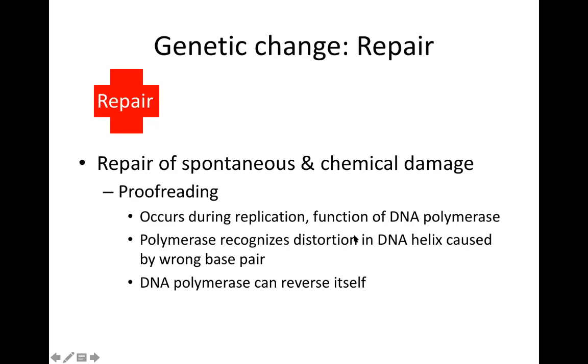And the way that it recognizes mistakes is that when you have base pairs that are bound together that shouldn't be bound together, it actually causes a physical distortion in that DNA. And DNA polymerase is able to detect or sense that physical distortion and then repair the base pair that is out of place. Okay.